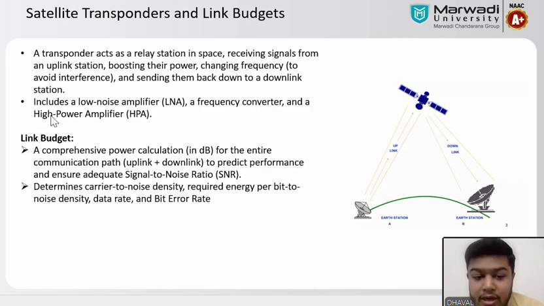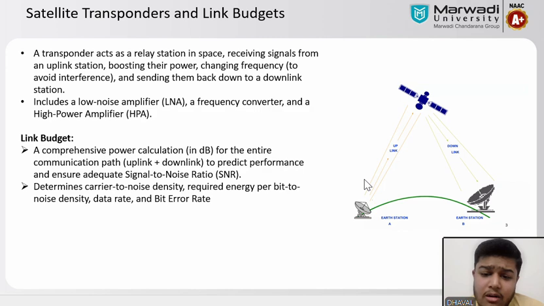That is why we need a high power amplifier. To receive it, there is also a long distance, and Earth stations A and B are very far apart. So there must be a very powerful receiver to receive the weak signal so that we can receive the data. For that, we use a low noise amplifier.